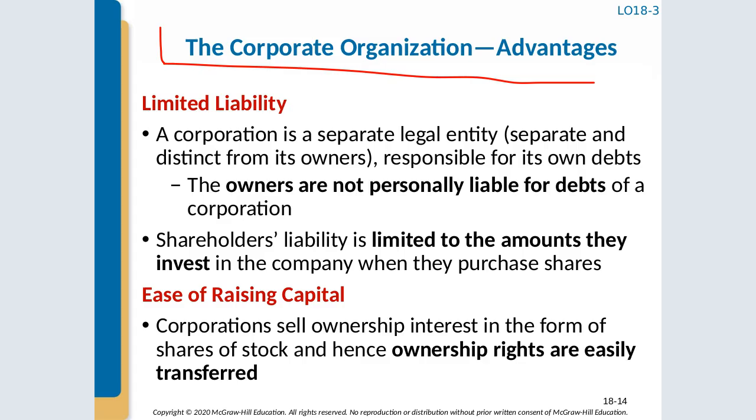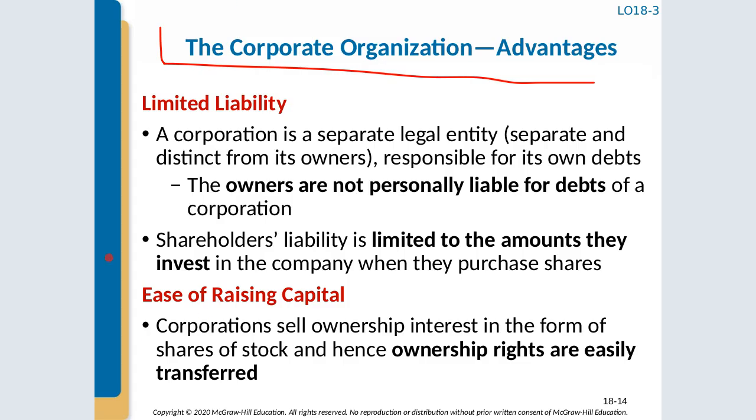So how much you have purchased your shares for in the corporation, that's the amount that you're at risk. Creditors are not gonna come after shareholders to settle their debt. So that's very different from maybe a sole proprietorship, okay, that is more exposed in terms of liability.